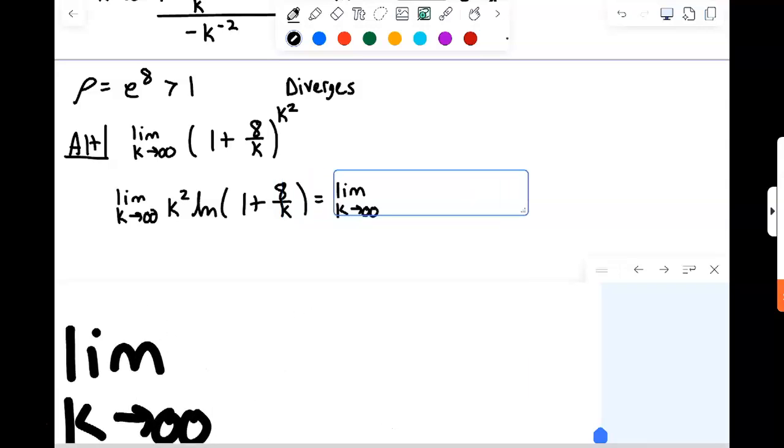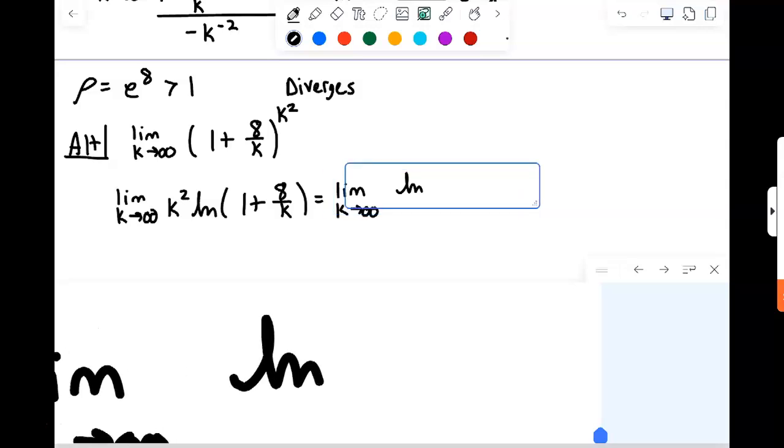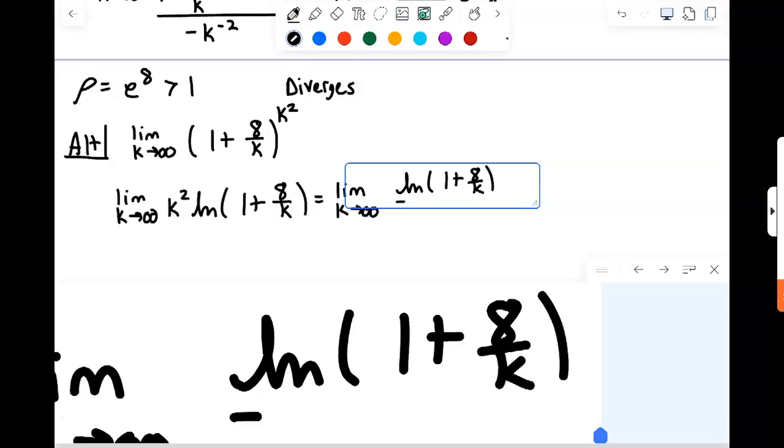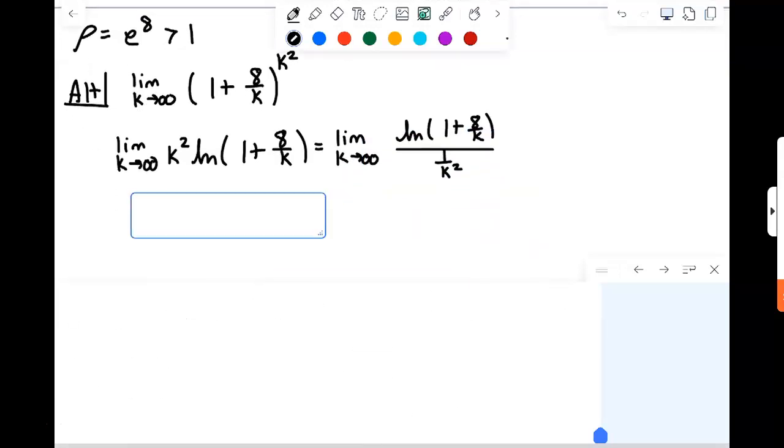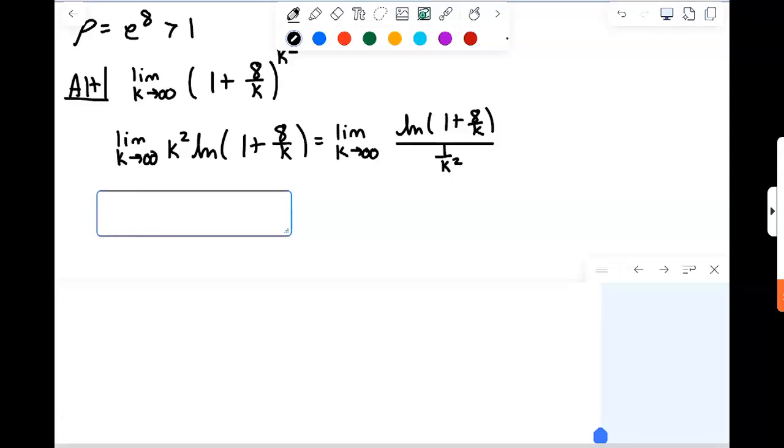That's going to be ln of 1 plus 8 over k divided by 1 over k squared. And now we apply our rule here.